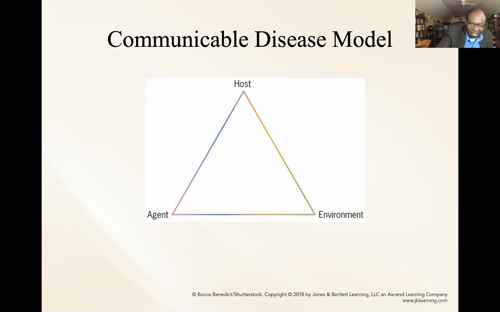Comes out, it becomes the agent again. Then looks for a host, infects somebody. Then under those conditions, it can either become an agent again or it can infect somebody else. So this is very, very important to understand.